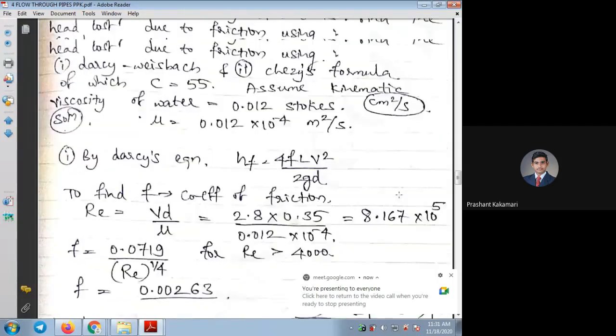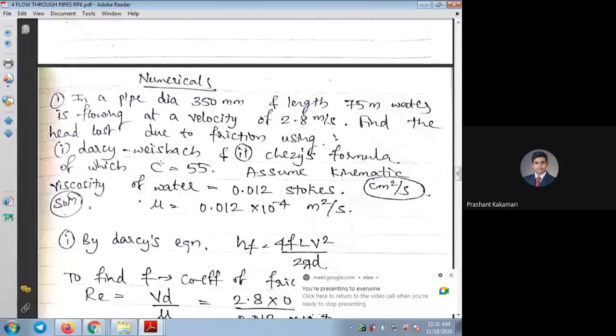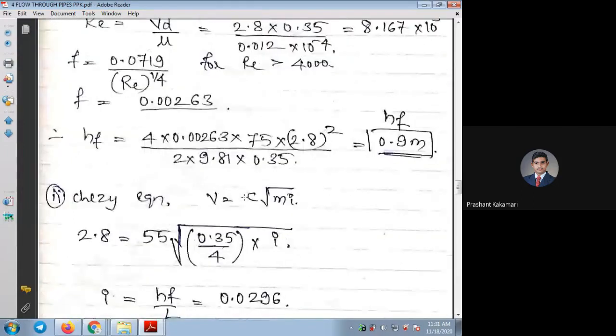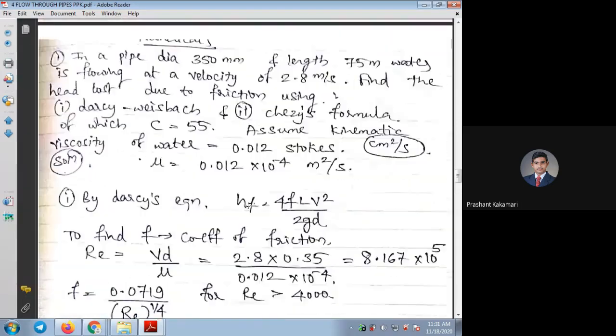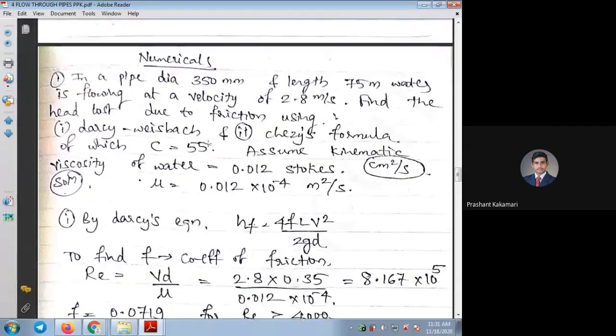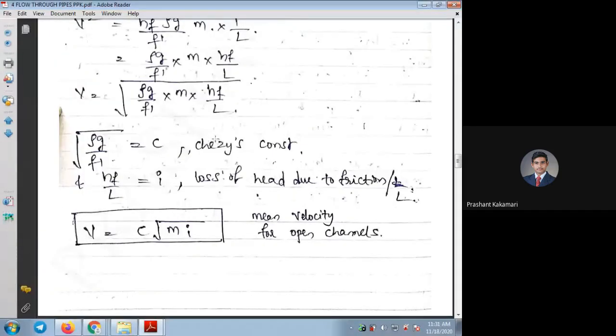Okay. So the first part is over by Darcy's equation. Now next we need to find the head loss due to friction by Chezy's formula. So recall Chezy's formula, that is V equal to C into square root of m into i. V is the velocity given in the problem, 2.8. Chezy's constant C, how much we have mentioned, 55, or it is nothing but square root of rho g by f dash.